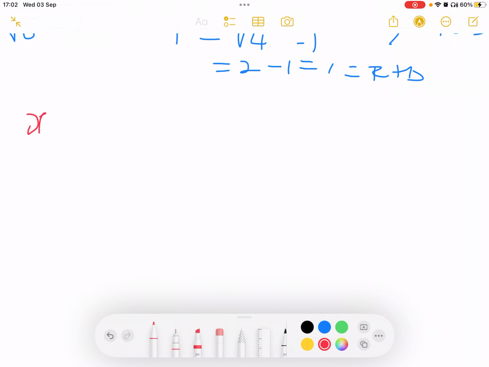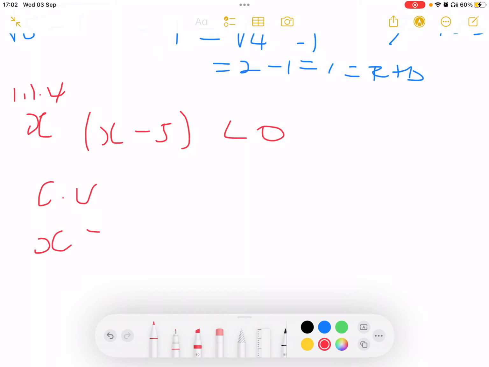Right. At 1.1.4, we have x into x minus 5 less than 0. This has already been factorized, so we can simply go to critical values, or CV. Now x equals 0, or x minus 5 equals 0, then x equals positive 5.